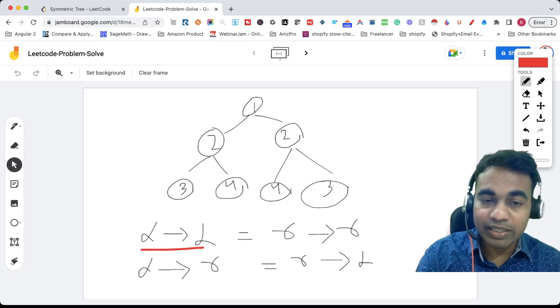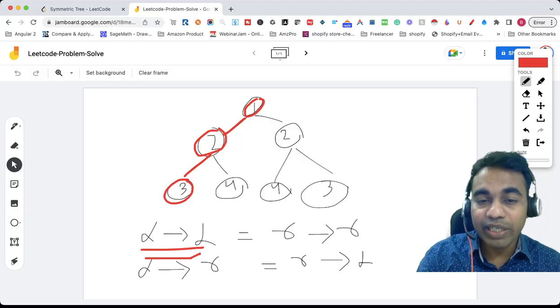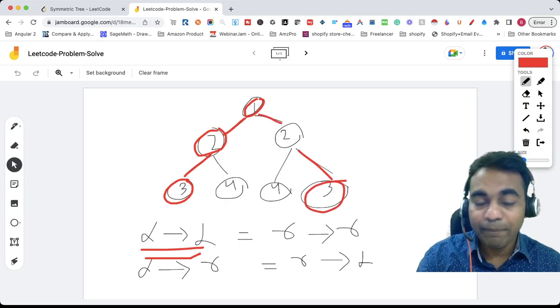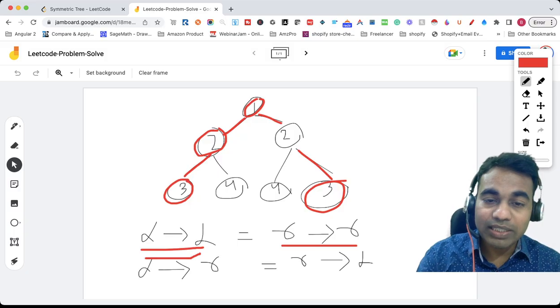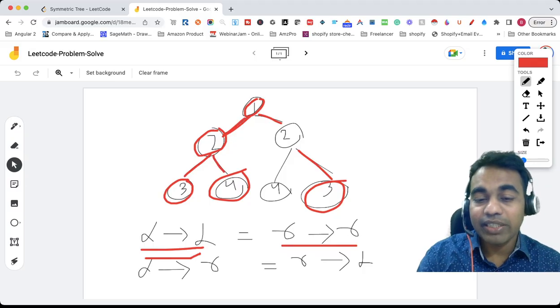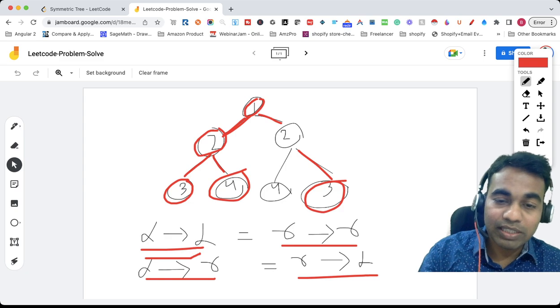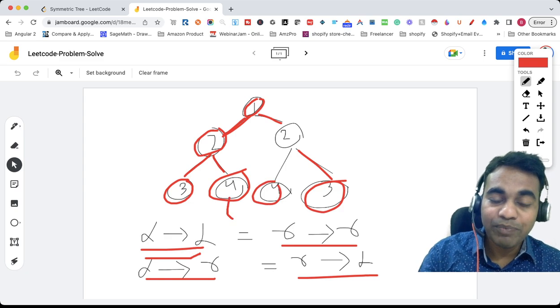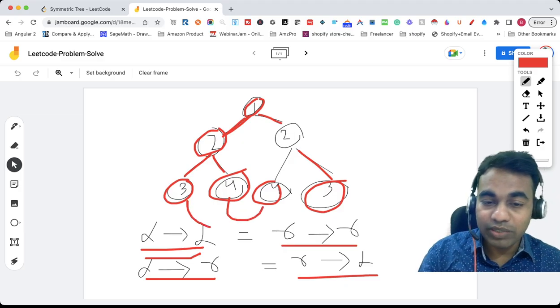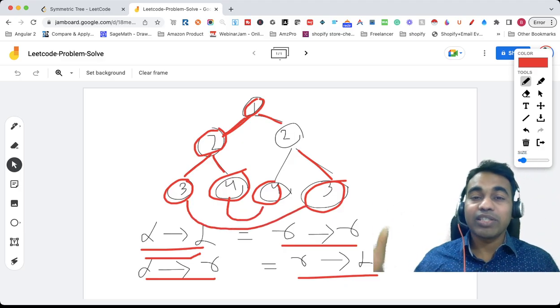Suppose you are here. The left's left should be equal to the right's right. And if you are talking about this node, the left's right, then it is going to be the same as the right child's left child. So these should be equal and these should be equal. That should happen recursively for each and every node.